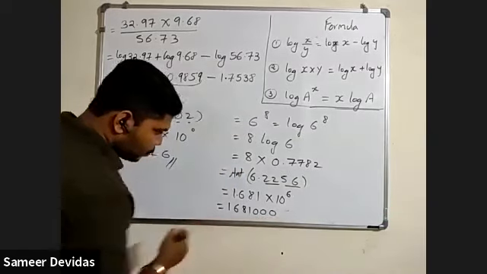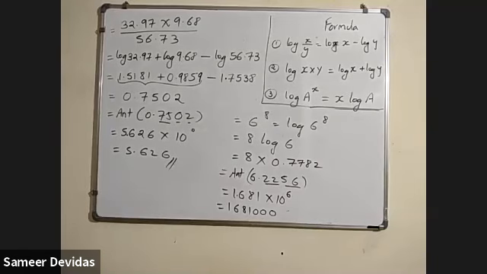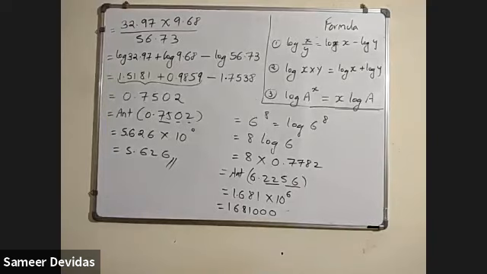This answer you are getting, students. Check what answer you are getting as 6 raised to 8. I got 1679616 by using a calculator. 6 raised to 8 you did, no?